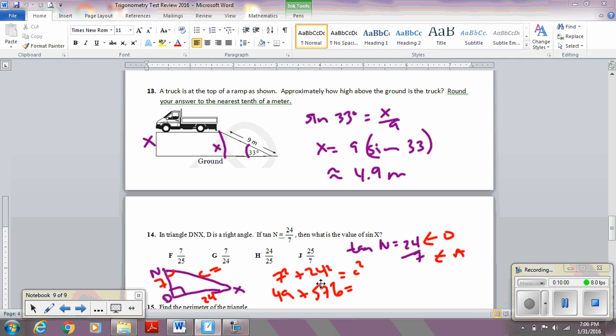Add those two together, you get 625. And you take the square root of that. You get 25 for c.